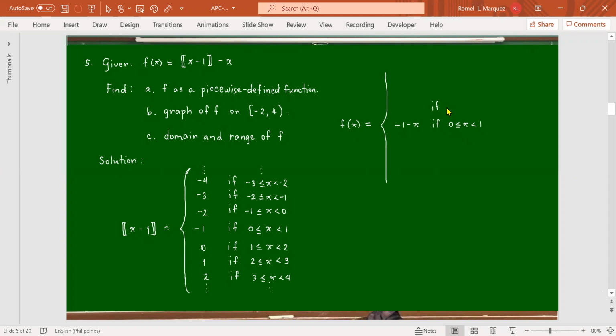If x is from -1 to less than 0, then -2 from that number to less than -1, and then the last one, but actually this is not the last, we have already the pattern after this, from -3 to less than -2.